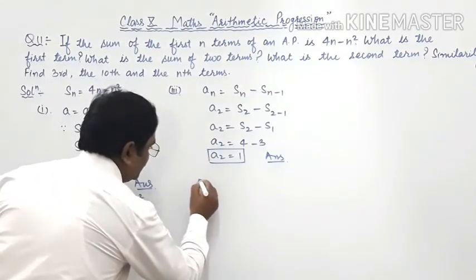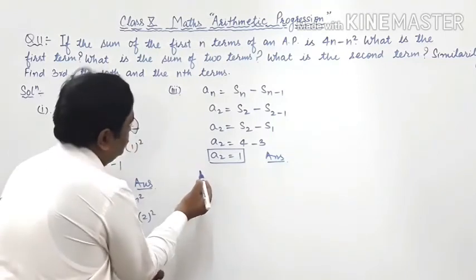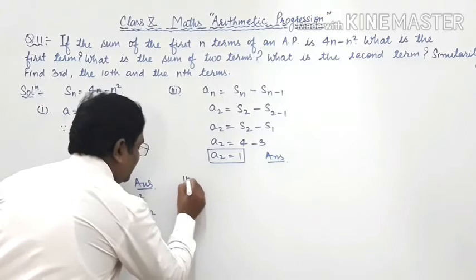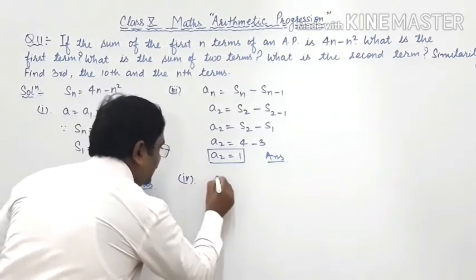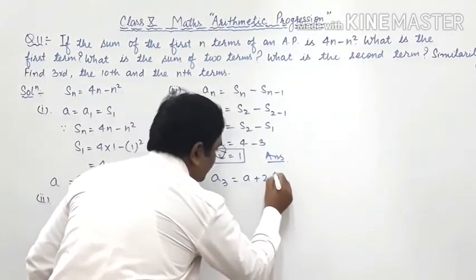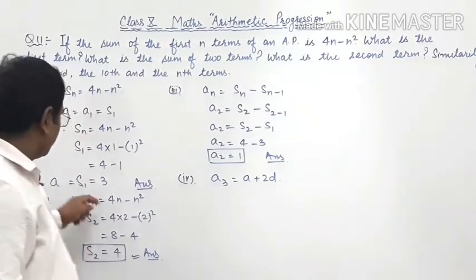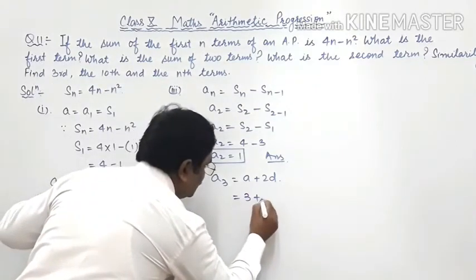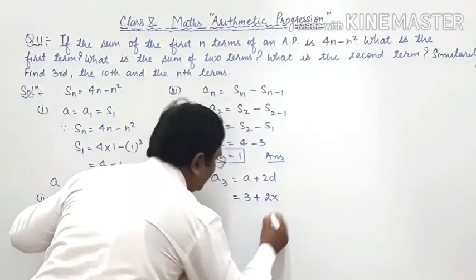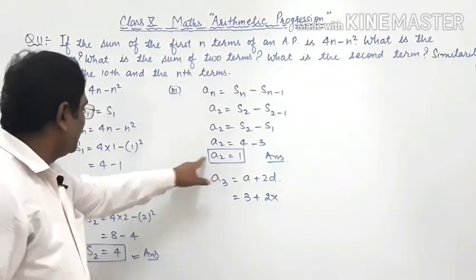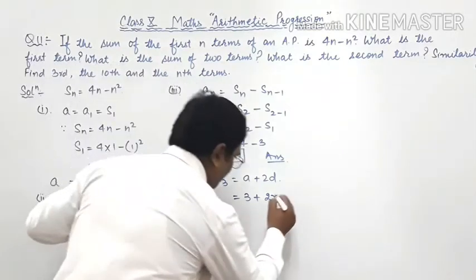A3, that is the fourth part. A3 equals A plus 2 into D. First term is 3, we have 3 plus 2 multiplied by the common difference D. D is equal to second term minus first term, 1 minus 3 is equal to minus 2.